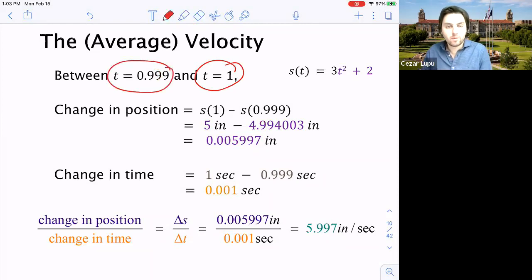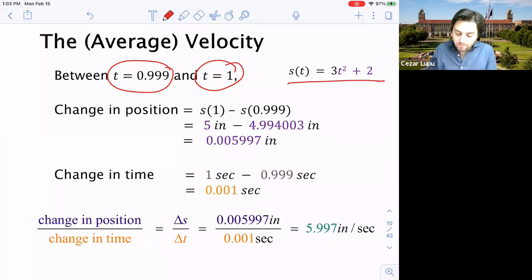Between 0.999 and 1, the change in the position will be s of 1 minus s of 0.999, which is 5 minus, so keep in mind, you just replace t equals 1 and t equals 0.999.